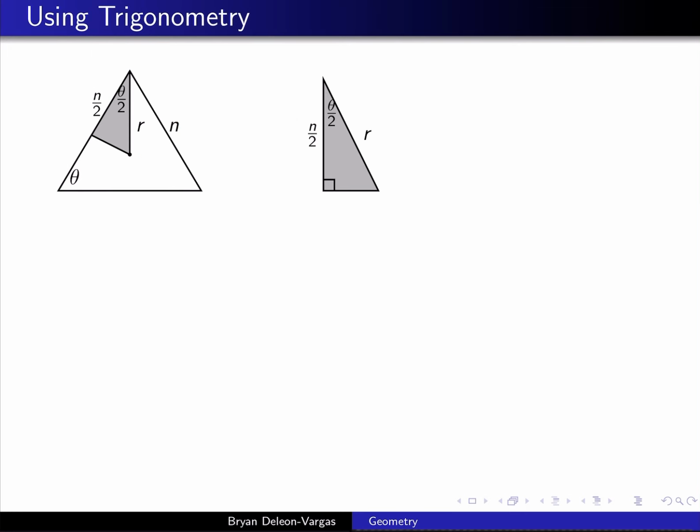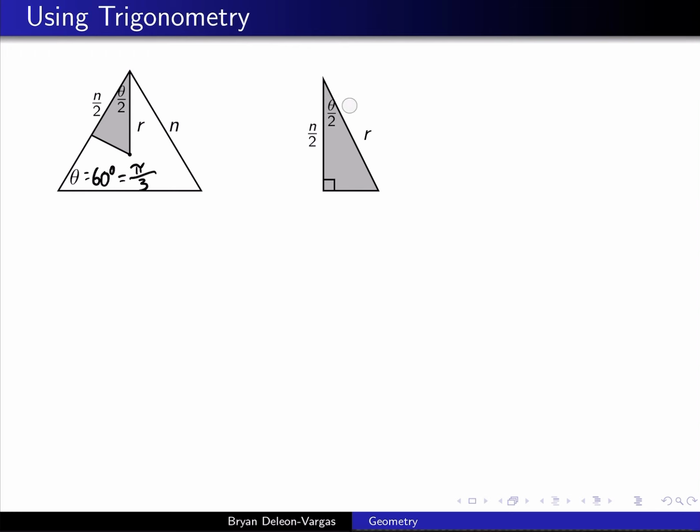Now, we did say that theta over here is equal to 60 degrees, and that's also equal to, I'm going to use radians because we're used to the unit circle, so pi over 3. So here, theta is equal to pi over 3. Here, theta is equal to pi over 2.